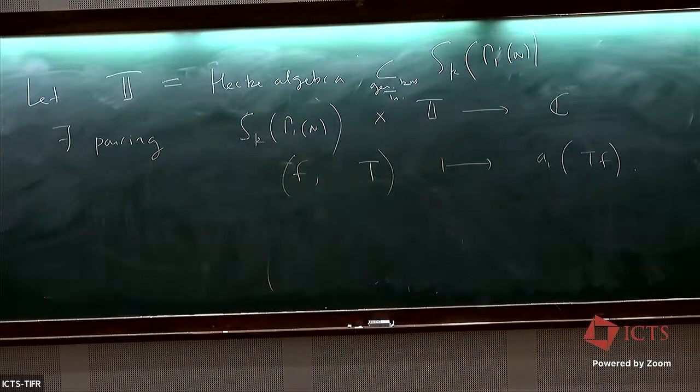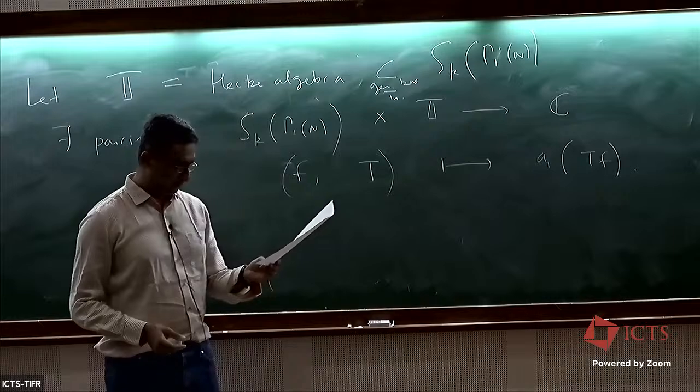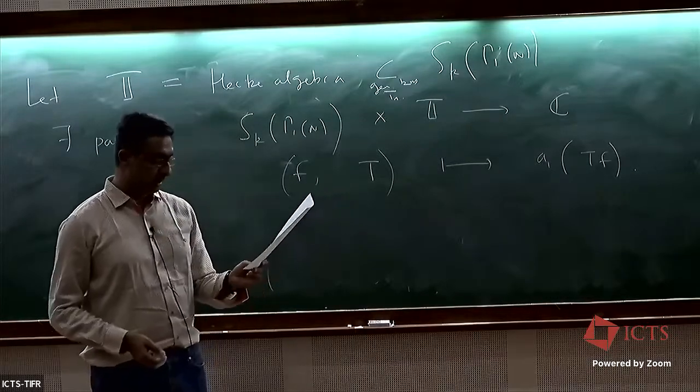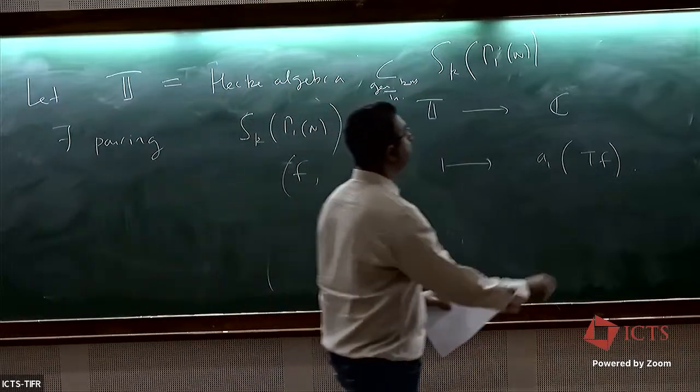So these are vector spaces, and you have a pairing between these vector spaces. This turns out to be a perfect pairing. There are some notes on these kinds of things from old courses I've given, but they're in many places. This is a perfect pairing.